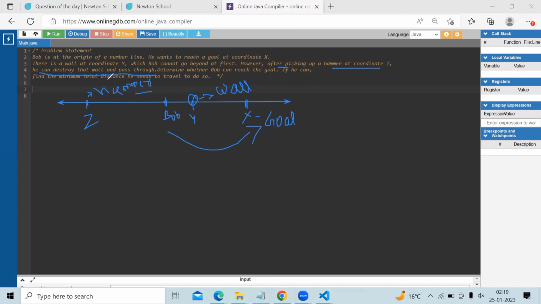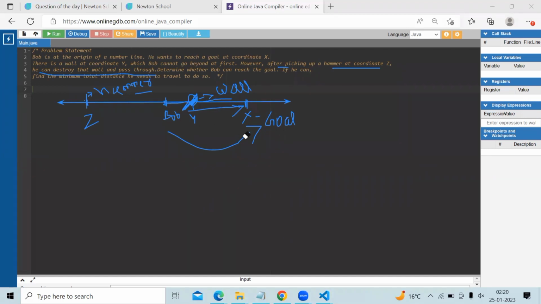From the z coordinate, Bob can destroy this wall and he can easily reach this goal, like this.